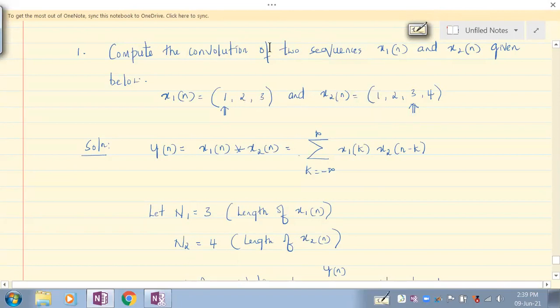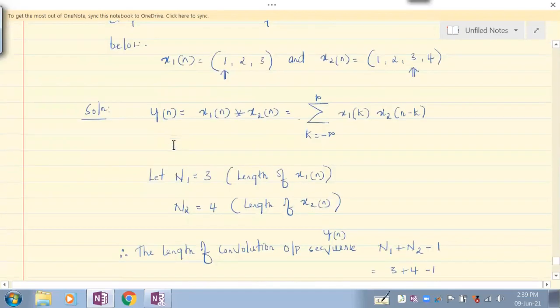Now, output convolution sum, this y of n, should be of how many samples? If the first sequence has 3 samples and the second sequence has 4 samples, then y of n would have how many samples? So for that, we have to do this exercise.